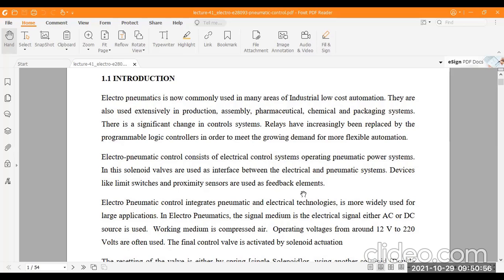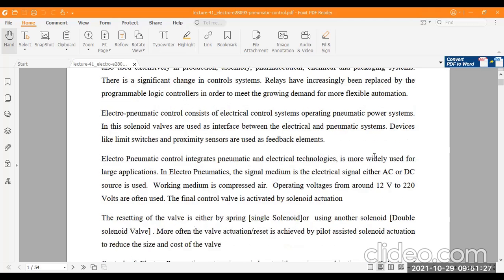Feedback elements, I gave the idea in module 1, that is the open loop control system and closed loop control system. All of you have seen the closed loop control system where we use feedback loops. So in this pneumatic controller, we use feedback elements or a feedback loop, that is different types of limit switches or proximity sensors.